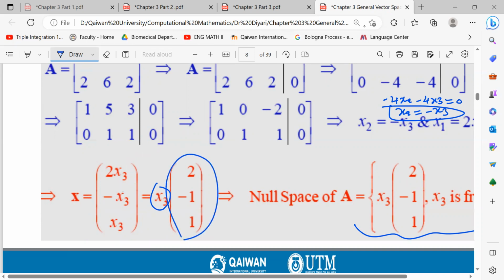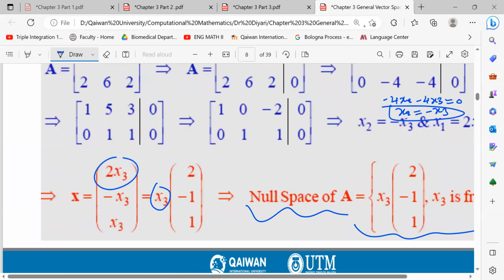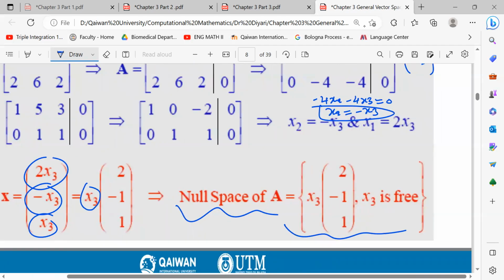So the null space is the set of solutions. What's the set of solutions? It is 2x3, minus x3, and x3. This is the solution for the homogeneous system. When we say homogeneous, it means the right-hand side of all equations is 0.